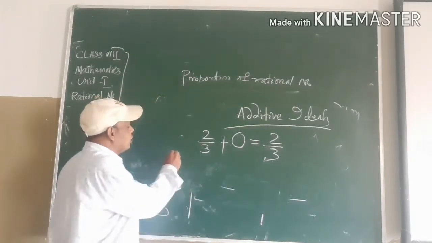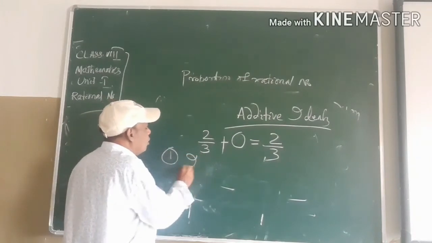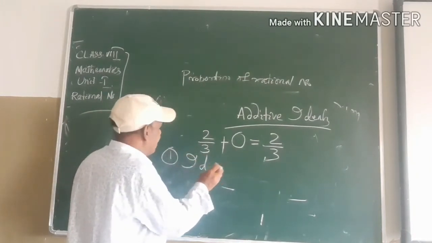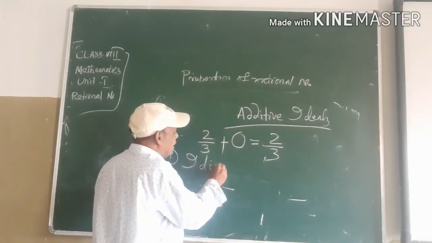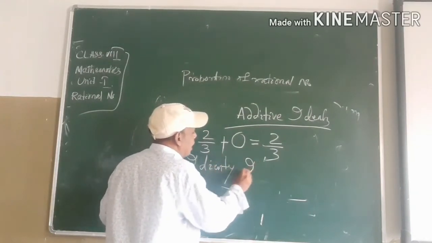And the final last law you have to remember is called identity inverse. What is that?